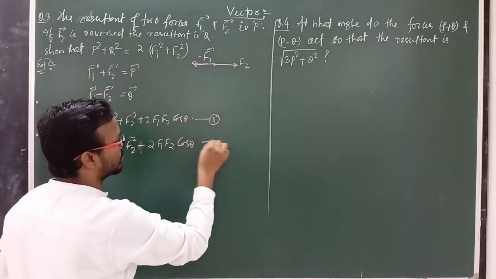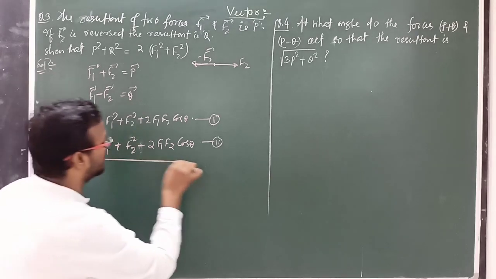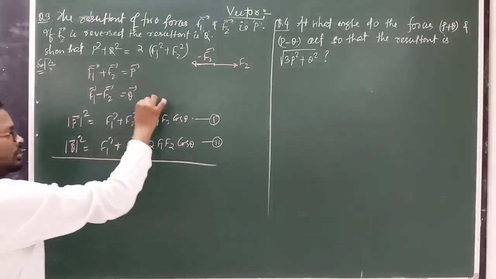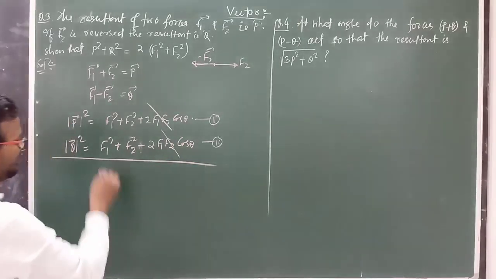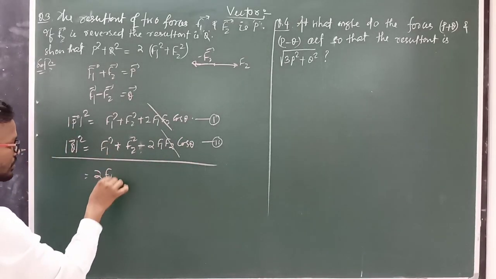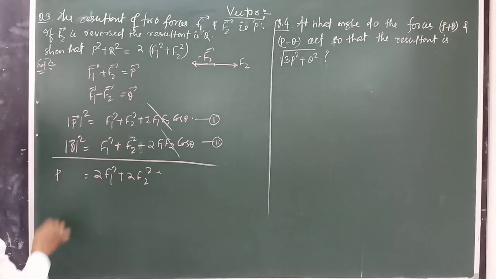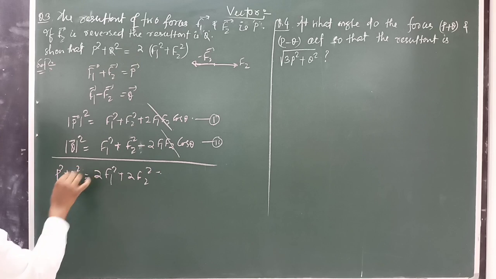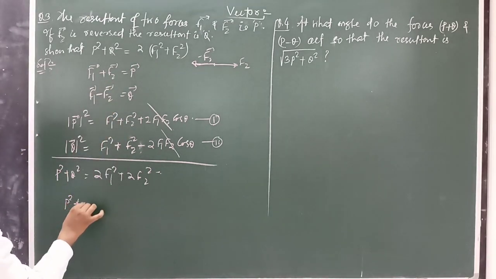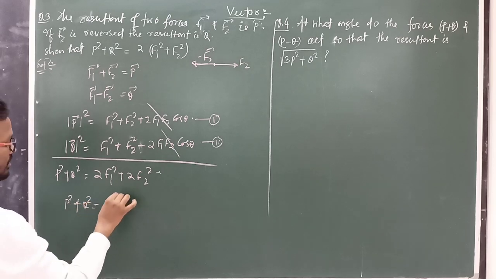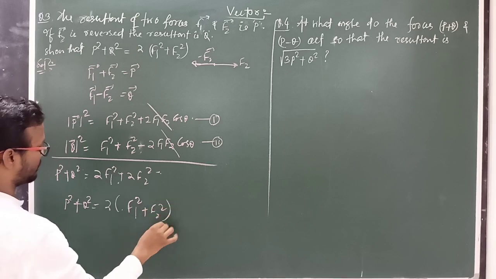Suppose this is equation number 1 and this is equation number 2. Now adding equations 1 and 2, the 2F1F2 cos theta and minus 2F1F2 cos theta cancel, and the remaining part is 2F1 square plus 2F2 square equal to P square plus Q square. But we have to show that P square plus Q square equals 2 into the common factor, F1 square plus F2 square. Proved.